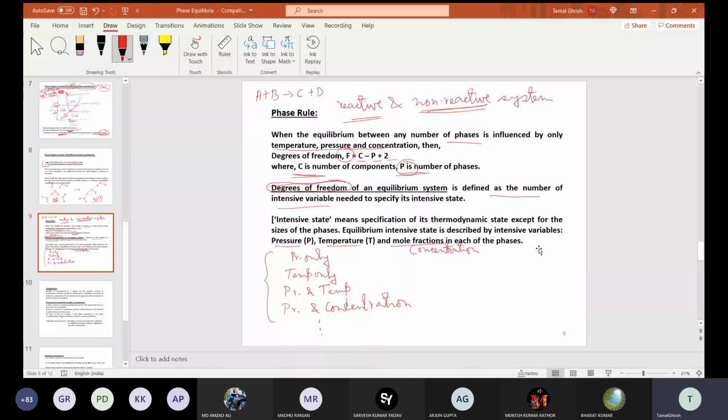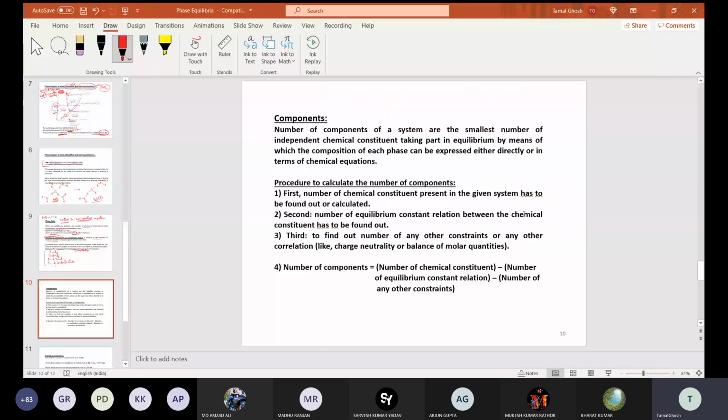The number of components of a system is the smallest number of independent chemical constituents taking part in equilibrium, by means of which the composition of each phase can be expressed either directly or in terms of a chemical equation. This definition is a little bit lengthy, so to understand it we'll use a few examples.